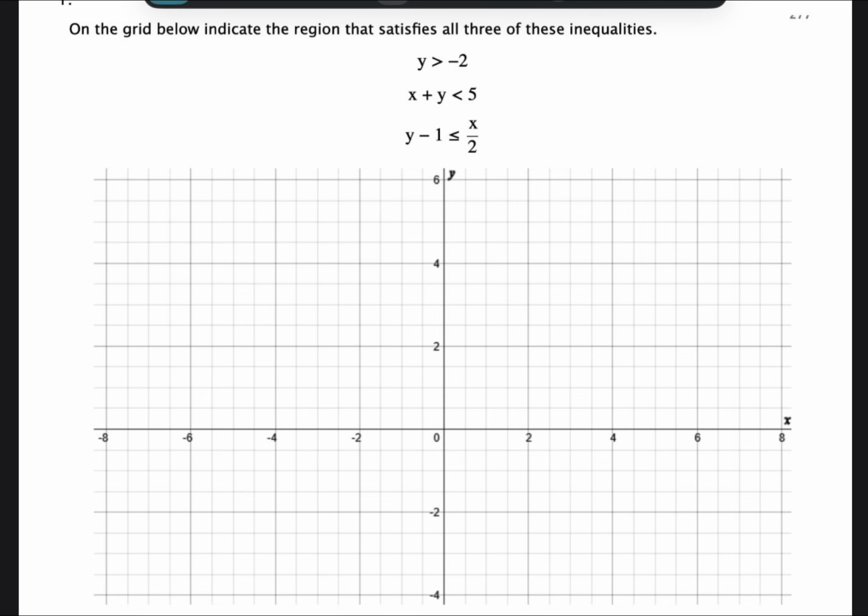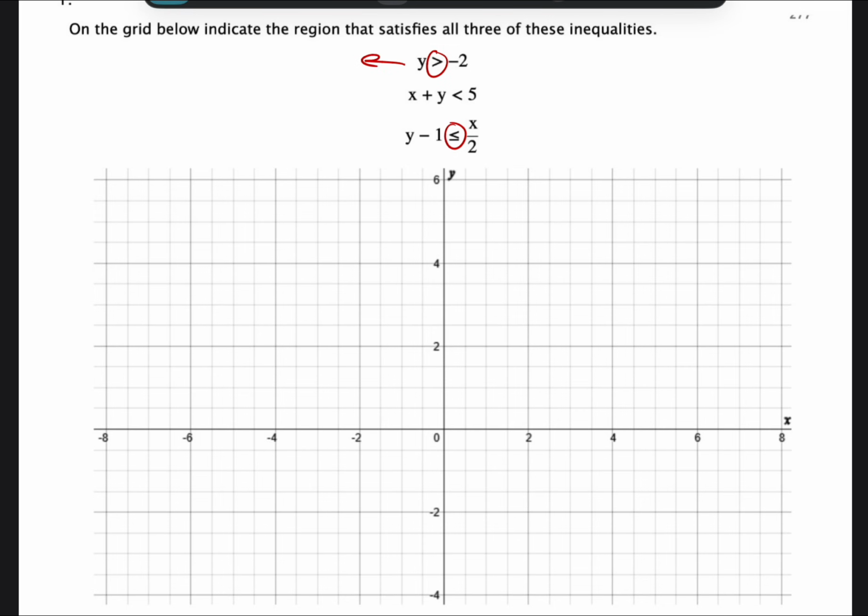So now we're working with two variables. We'll be working in the XY coordinate grid because now I have x's and y's in my inequalities. Let's see how we can go about doing this. The first thing to note is that I have two different types of inequalities, inclusive and exclusive.